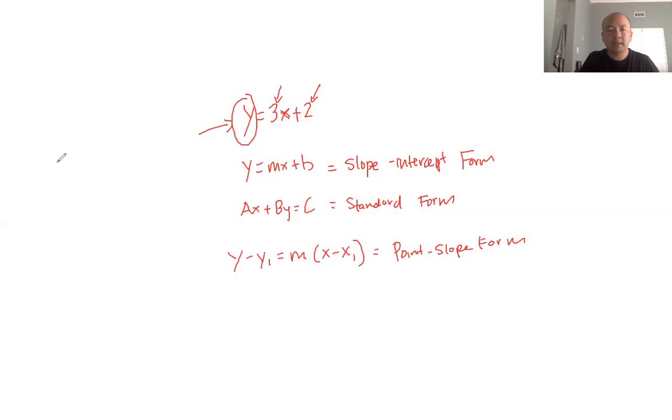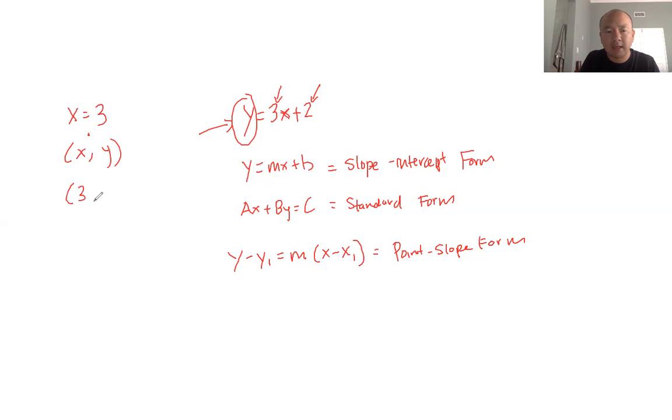Like, let's just say they say graph x equals 3. What's different about this equation? We know that there's only one variable here, there's no y. So what does that mean? Well, each coordinate point has an x and a y.